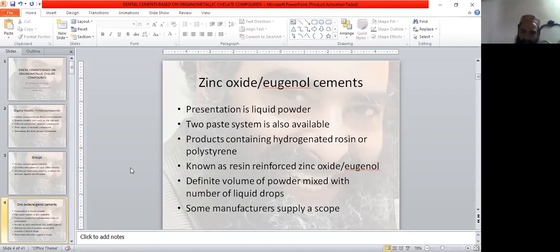As we mix for impression materials, equal amounts in powder and liquid form, a definite volume of powder will be mixed with a number of liquid drops, which were recommended by the manufacturers. Some manufacturers supply a scoop for measuring powder.